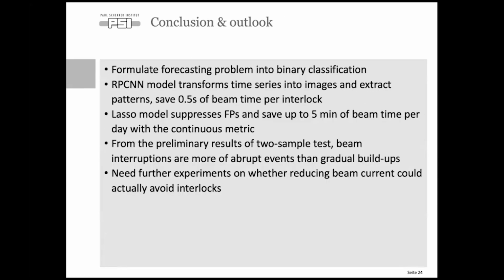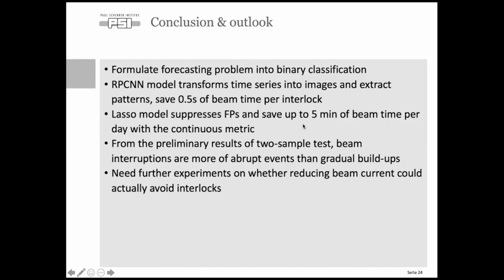And so now I'm going to conclude and give some outlook on further work. We have formulated a forecasting problem as a binary classification problem. The RPCNN model transforms a time series into images and extracts patterns, and we save 0.5 seconds of beam time per interlock.